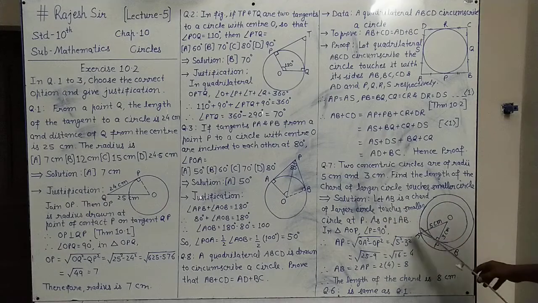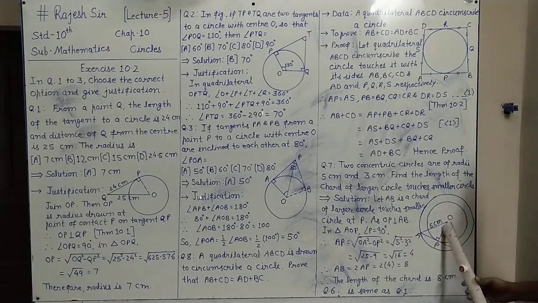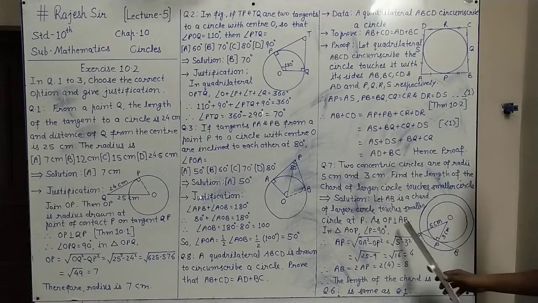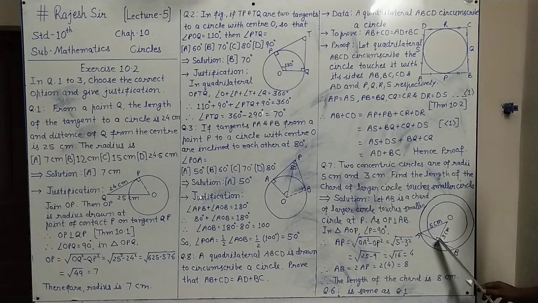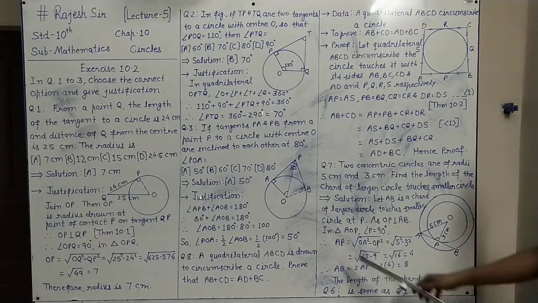So in the solution, let AB be a chord of the larger circle that touches the smaller circle at P. As we can see, OP is the radius on the tangent AB, so OP is perpendicular to AB. So in triangle AOP, angle P equals 90 degrees.